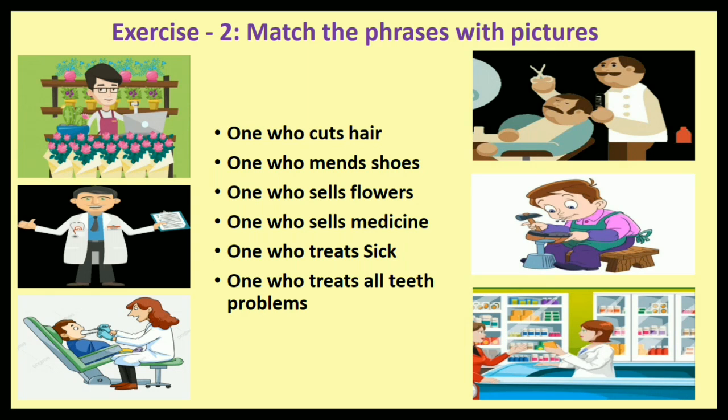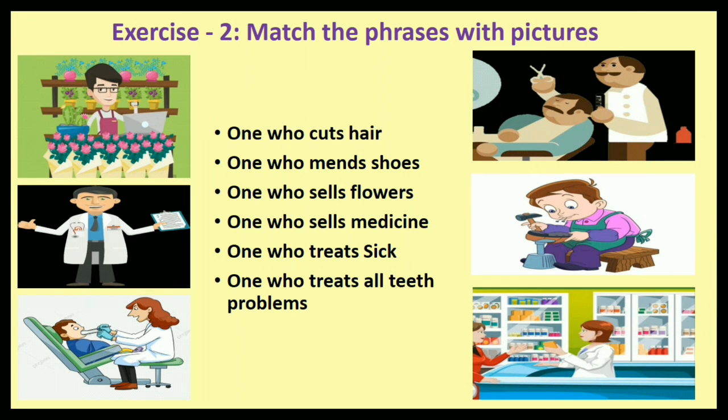Here you can see the different pictures and phrases. One who cuts hair, that person is known as, yes, you will choose it from these pictures, right? And next is one who mends shoes, one who sells flowers. Next is one who sells medicine.